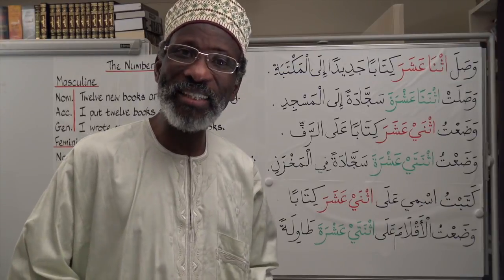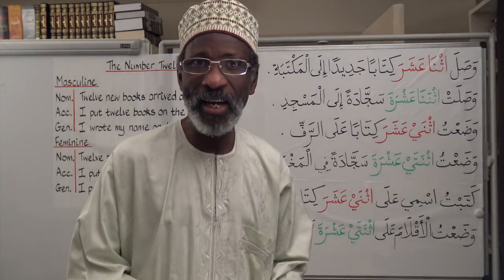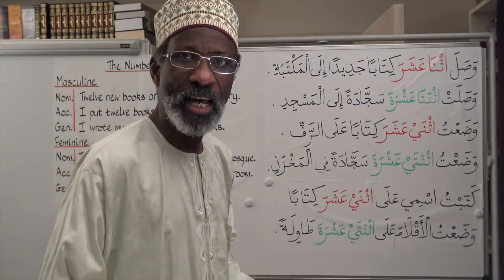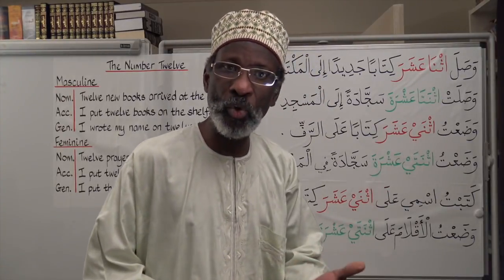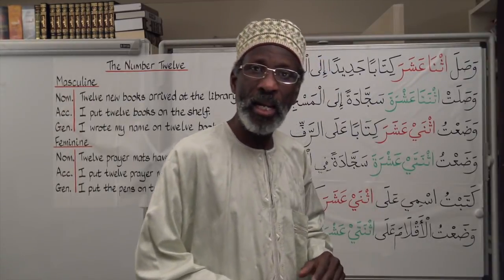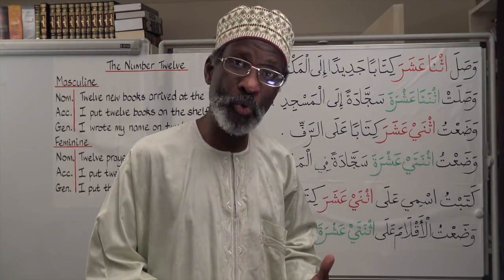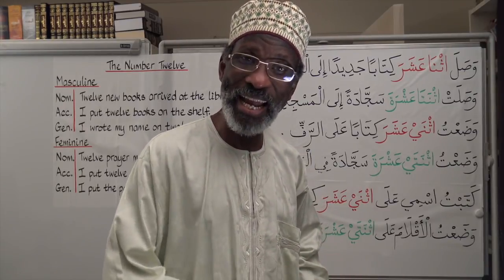Now let's look at number 12 and how it's used in Arabic. Let's look at the rules governing number 12. Again, we have two numbers here, number 2 and then number 10, without anything separating them. You remember number 2 in the nominative position is ithnani, with a noun at the end.